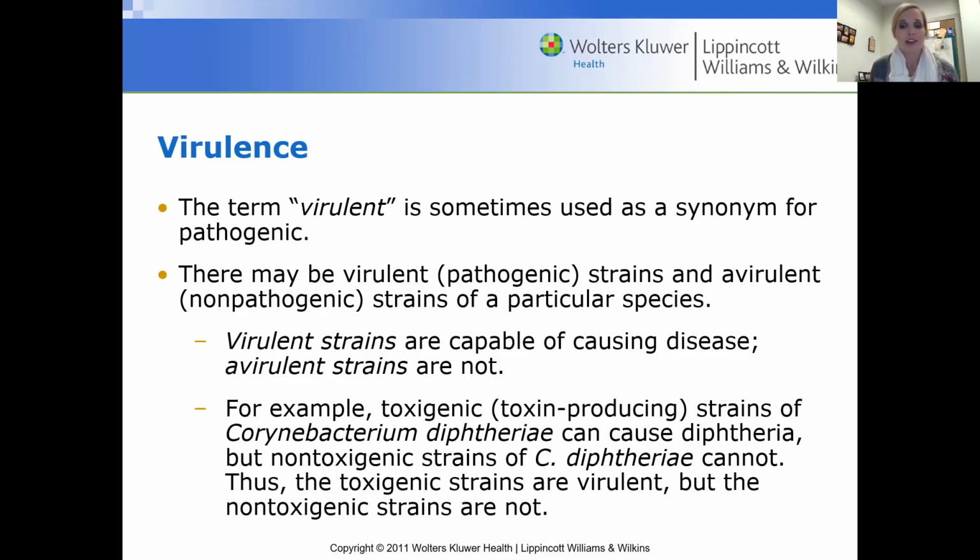And there are some strains that are avirulent, which means non-pathogenic, so they're not going to lead to an infectious disease. Virulent strains are capable of causing disease, whereas avirulent strains are definitely not. There's an example down here. You don't have to be familiar with that specific example. The big thing to know is the difference between virulent and avirulent, very synonymous with pathogenic and non-pathogenic.